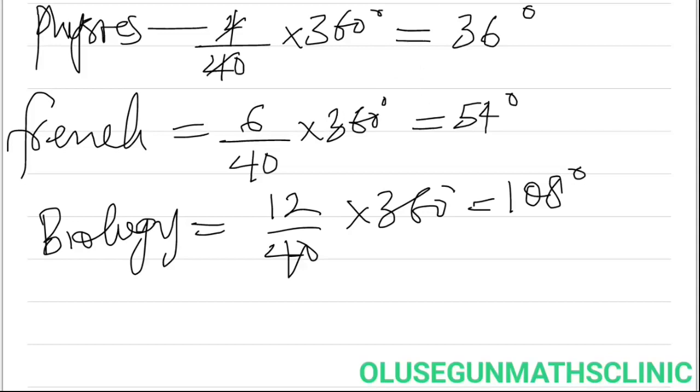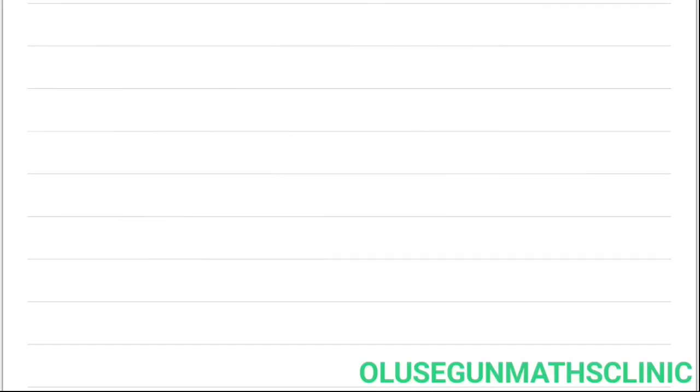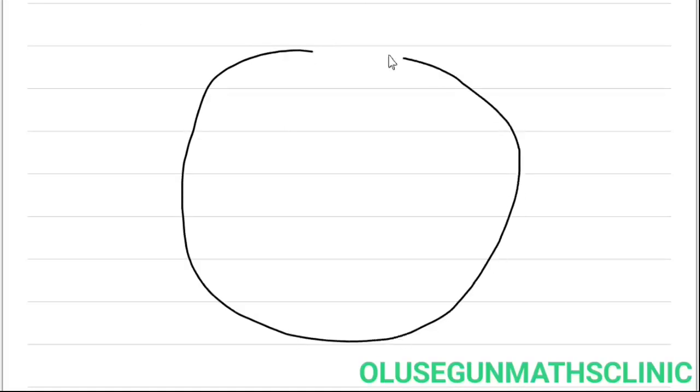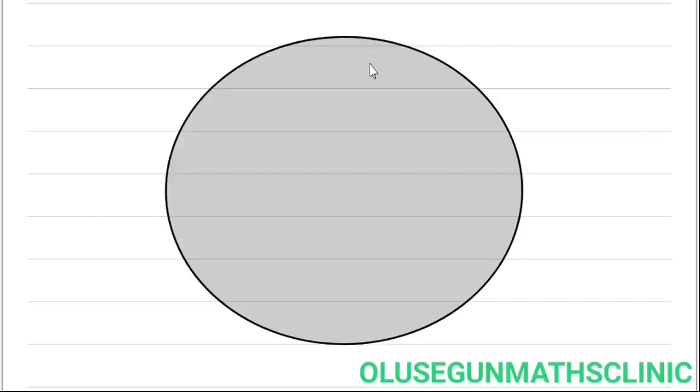So now we are able to get the degree aspect, so let's draw a pie chart. You use your compass and ruler and others to draw the pie chart. So let's draw it here in analytical ways. Let's have a pie chart. Let's have a ruler and draw it now. So let's firstly draw the one for English.